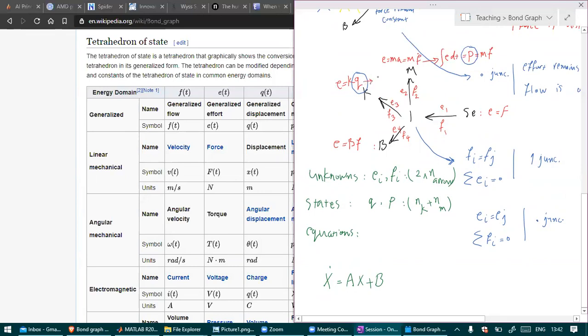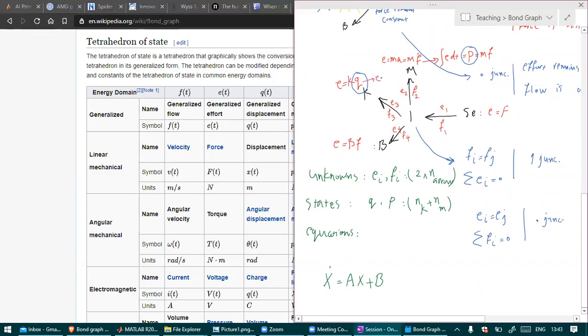If I differentiate both sides, I get E dot. Oh, sorry, that's the flow.